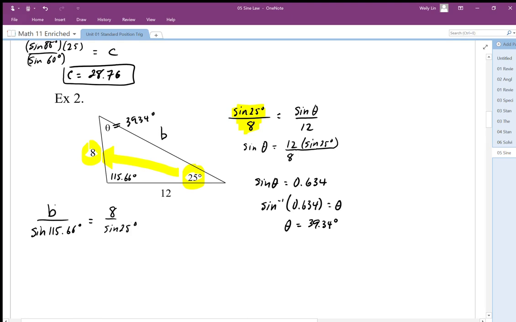We're going to end up with B equals 8 times sine of 115.66 degrees divided by sine of 25 degrees. Putting that in my calculator, I end up with 17.06. So B is equal to 17.06, whatever the measurements are.